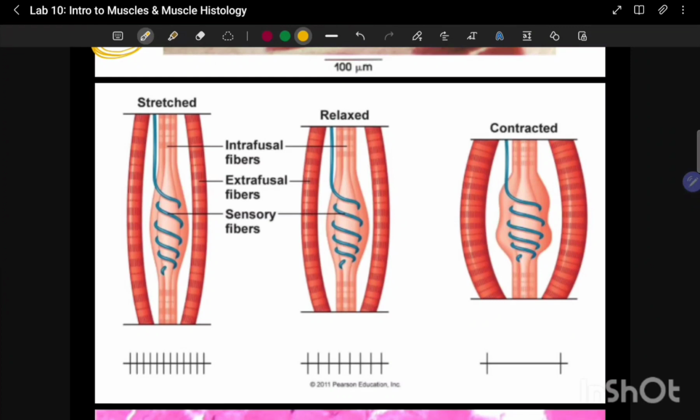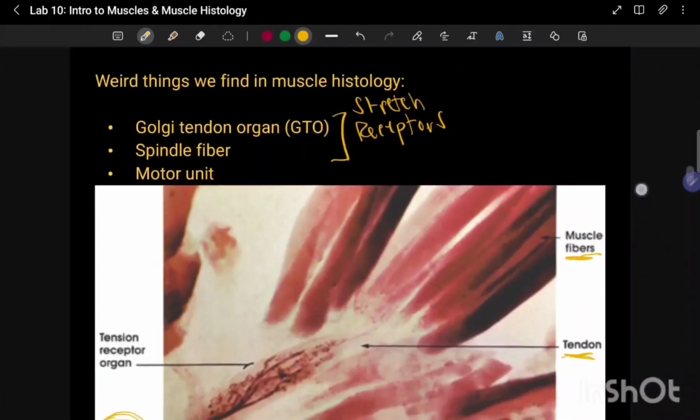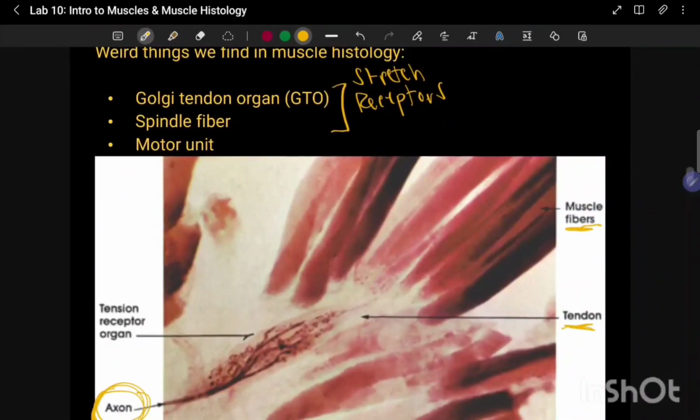So as the muscle stretches out, this internal structure is going to be our spindle fiber. This is going to help regulate that stretch. And the way these two, the GTO and the spindle fiber, interact with each other is that Golgi tendon organs are going to reduce force output. They're going to reduce our ability to contract our muscles and produce force.